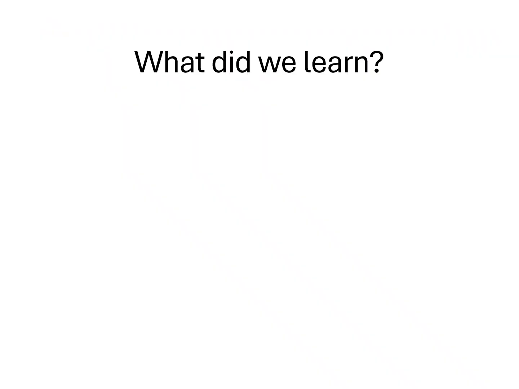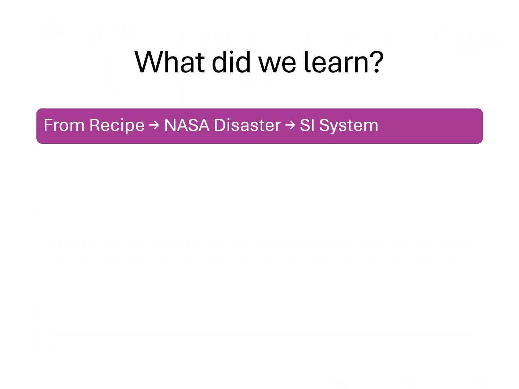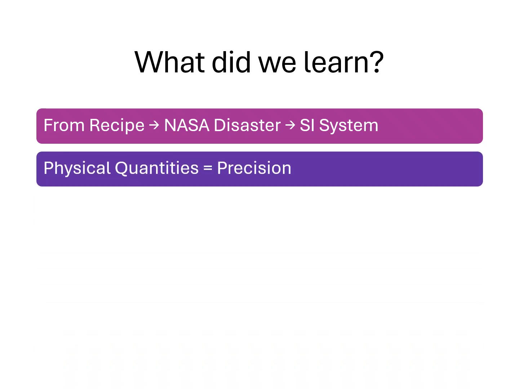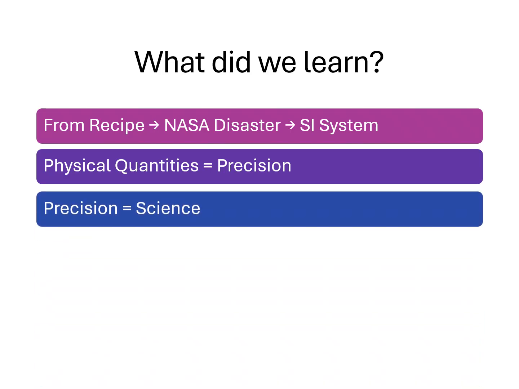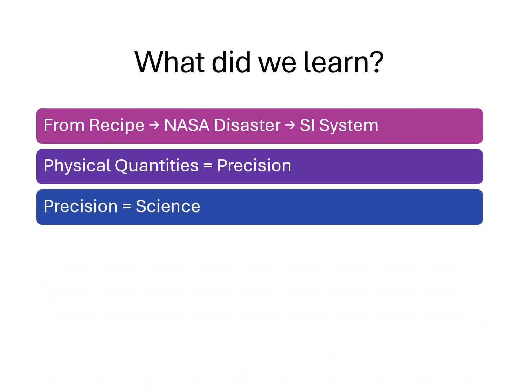What did we learn today? We started from a recipe of omelet, and then we discussed the disaster made by NASA scientists, and through that we understood that the SI system of units is really important. We also analyzed that physical quantities give us precision through these examples, and precision is necessary for science.